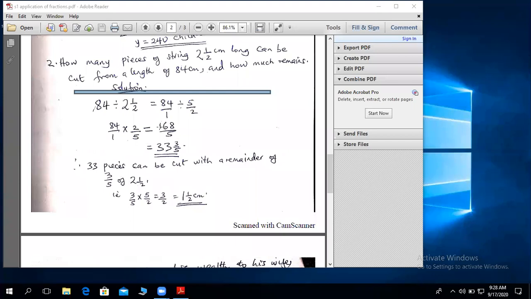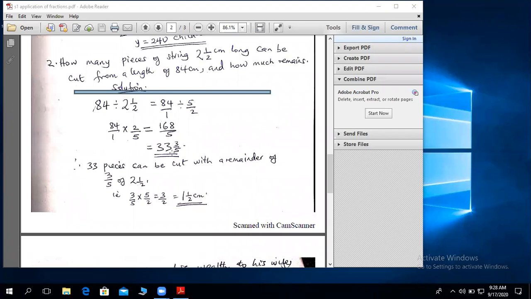So my answer is 168 out of 5. Now, when I divide 168 out of 5, I get 33 and 3 out of 5. 33 and the remainder is 3 out of 5.